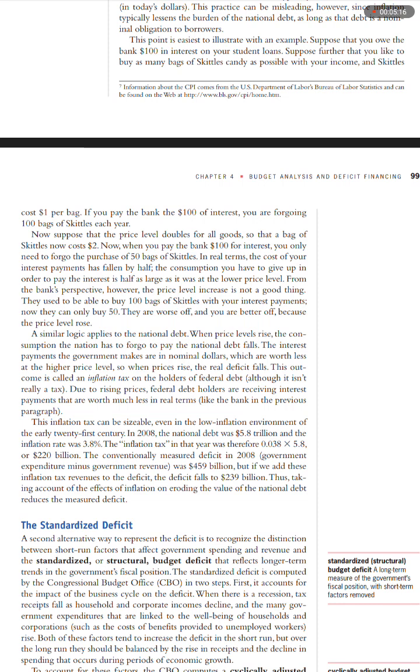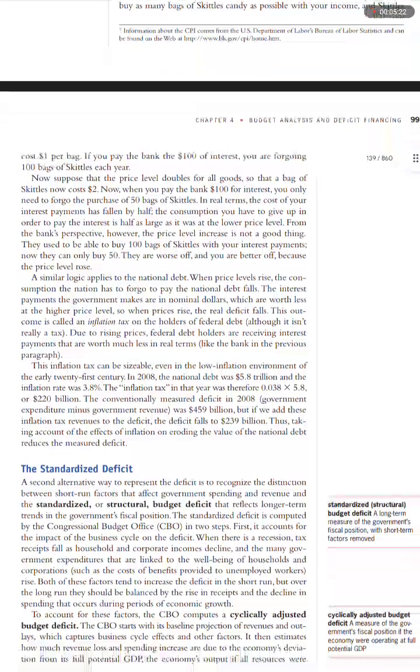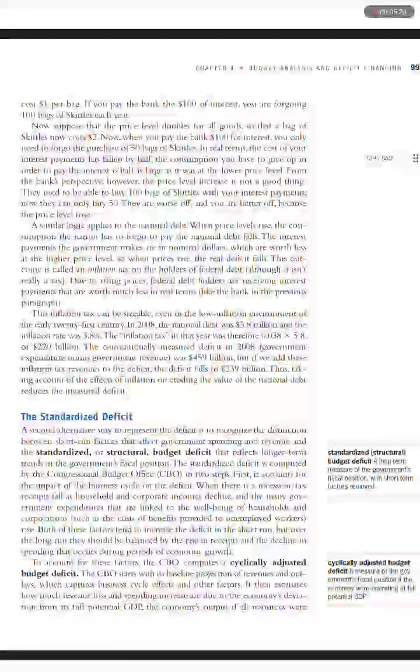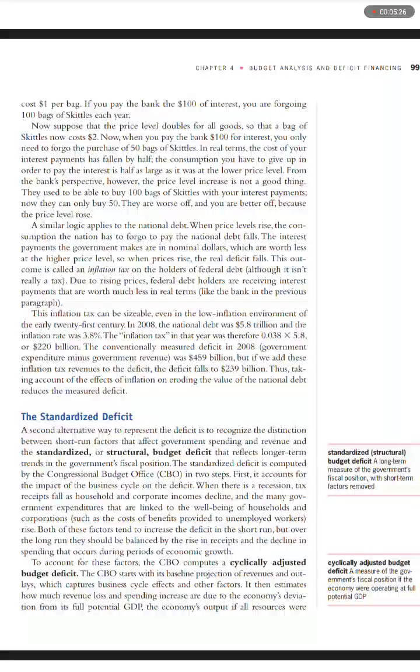If you pay the bank the $100 of interest, you are foregoing 100 bags of Skittles each year. Now suppose that the price level doubles for all goods, so that a bag of Skittles now costs $2. Now when you pay the bank $100 for interest, you only need to forego the purchase of 50 bags of Skittles.